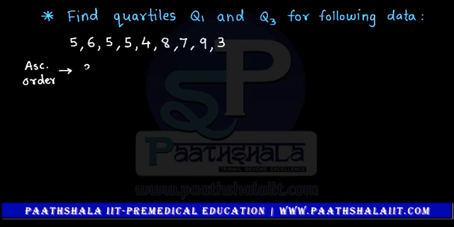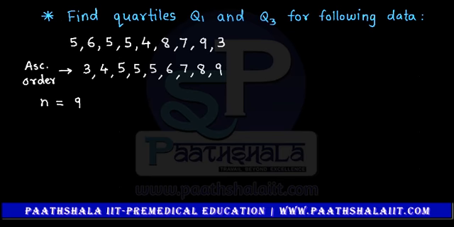The smallest observation is 3, then comes 4, then 5 occurs 3 times, then we have 6, 7, 8 and 9. The small n in the formulae represents the total number of observations. Here there are in all 9 observations, so n is 9.